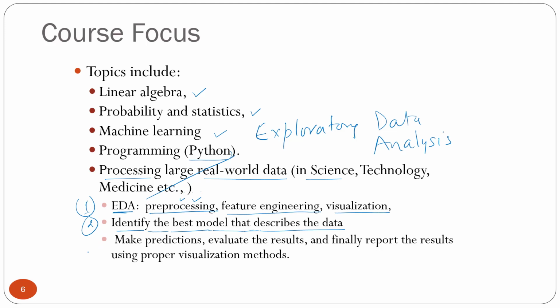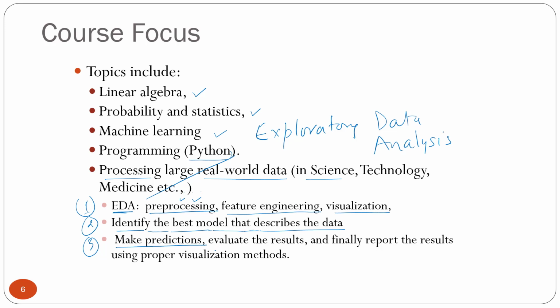Then once we have thought about the model and picked the best model, the third stage involves making the prediction, right? The main motivation behind building a model is to learn from the data and then make predictions on unseen data.